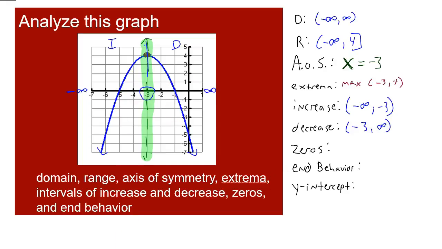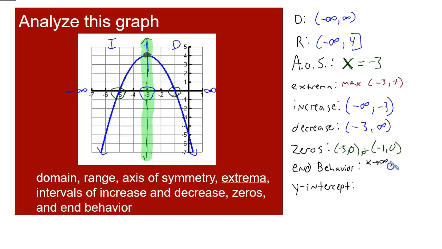We have two zeros at negative 5 and negative 1. You can put those as coordinates, but remember, you can just put negative 5 and negative 1. You can just put the numbers for zeros. These are also called x-intercepts or roots or solutions. Okay. End behavior, I probably should have given myself a little bit of space, but once you get used to writing, it's not that bad.